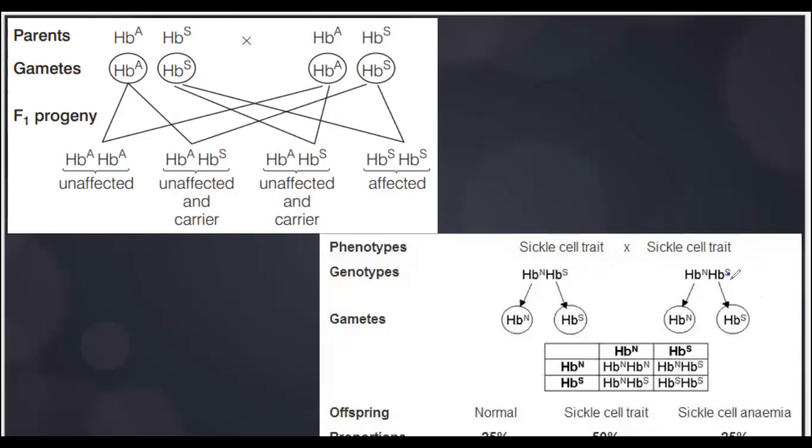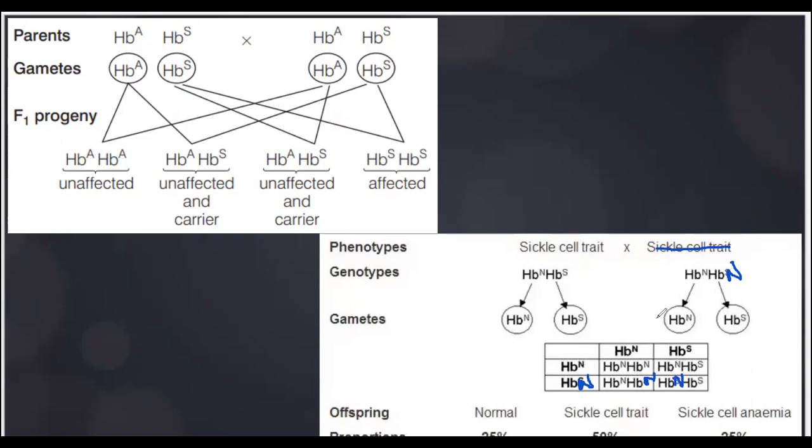This is N. Let's say we are doing the normal person. One is normal, one is carrier. So in case of this, let's say here I'm putting the N. So the first will remain the same. Second here, what will happen? This will combine with this, and this N will combine with S. So here N, and here N and S.